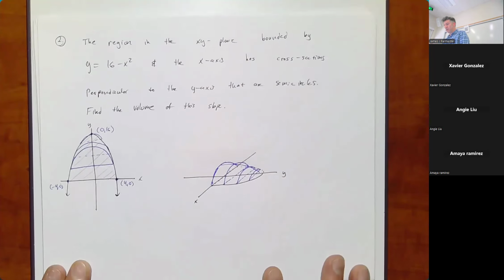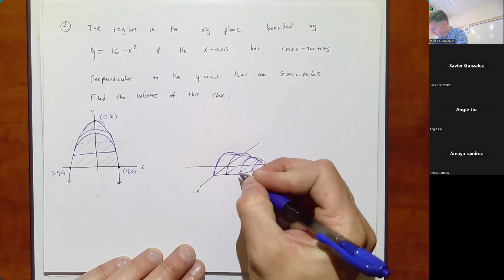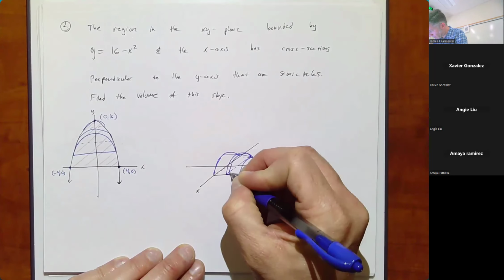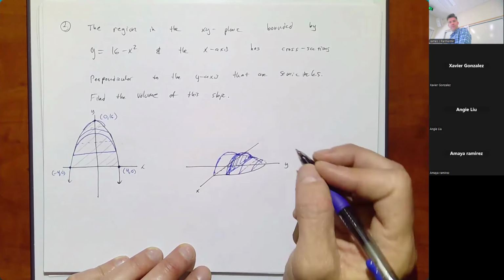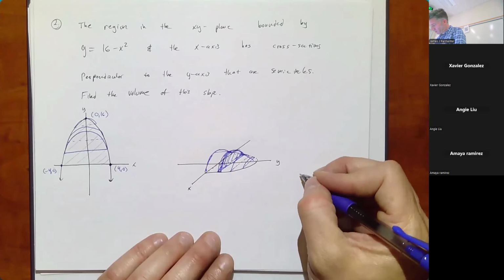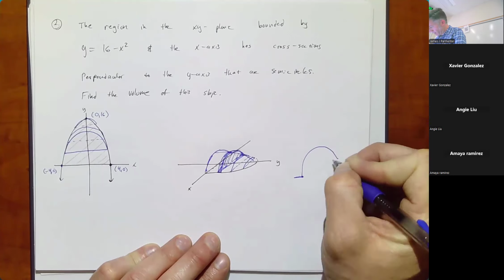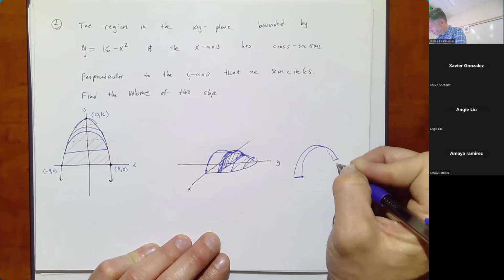So what we need to do is figure out how to think about a cross-sectional volume. I want to figure out the volume of this little slice right here. Let's draw that better. There's my slice.